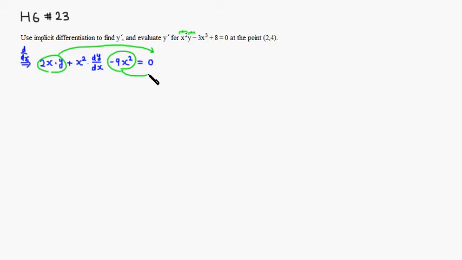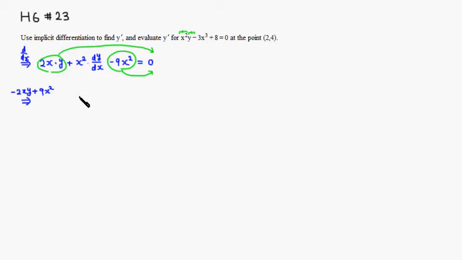What we can do is subtract 2xy to get rid of this guy, and add 9x squared to get rid of that guy.